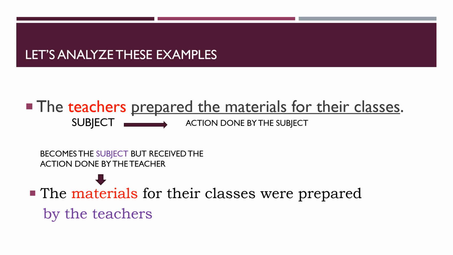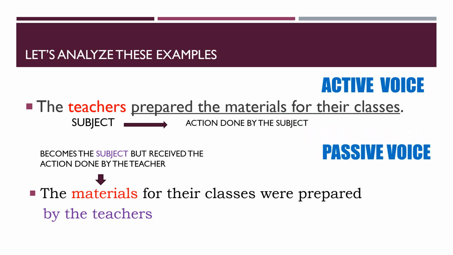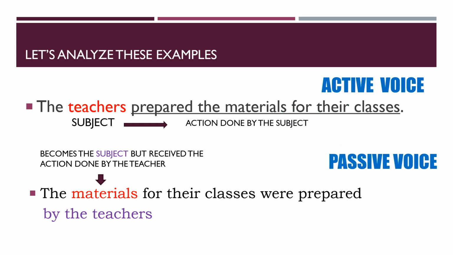But then in the second sentence, naging ang subject natin ay ang materials, and then this word materials receive the action done by the teacher, meaning siya ang tumanggap ng salitang kilos na ginawa daw ng mga guro. The first sentence is in the active voice, and the second sentence is in the passive voice.